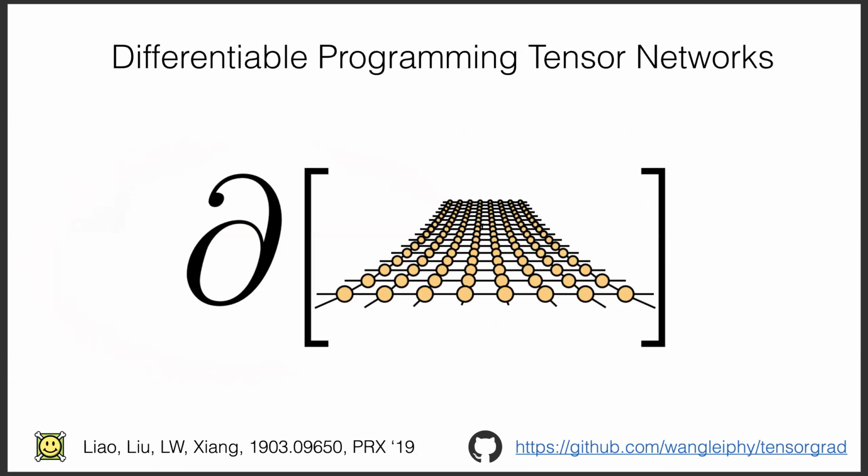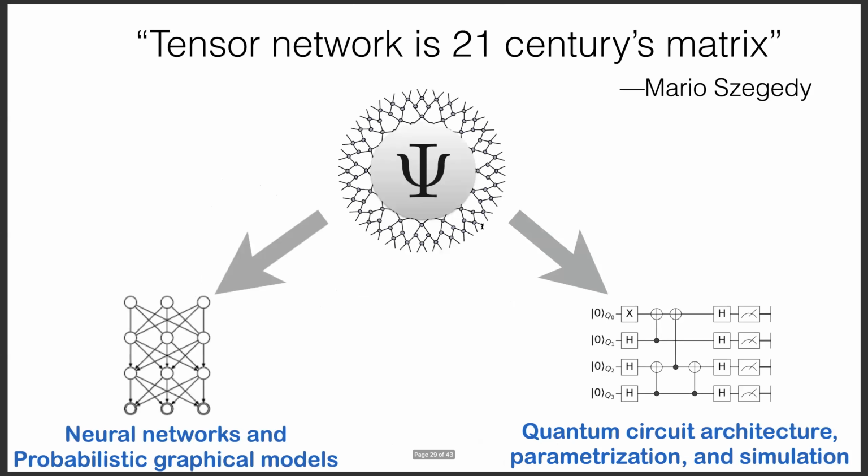So then let's switch to another field, so-called tensor networks. Talking about differentiable programming of tensor networks, that's going to be quite fun because, as far as I can say, tensor networks, especially nowadays, play a central role for many different efforts.